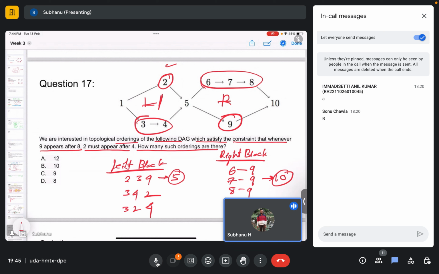So basically here we have three orders, and here we have three orders.